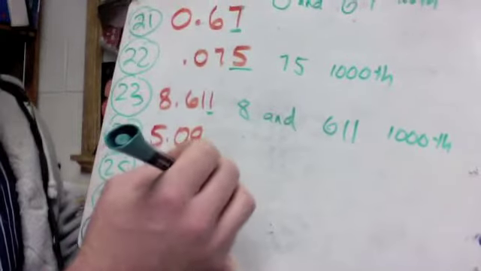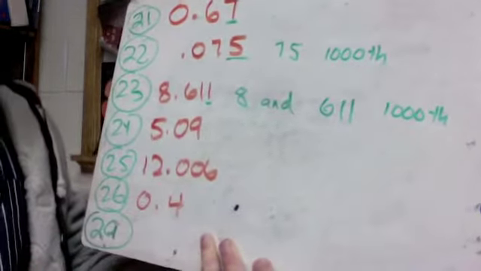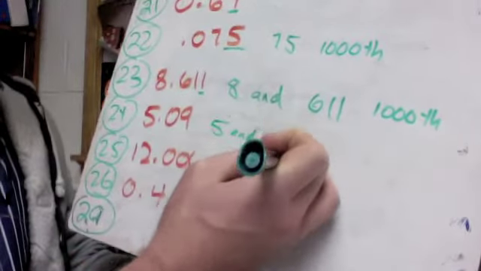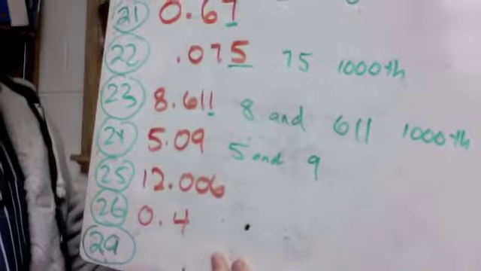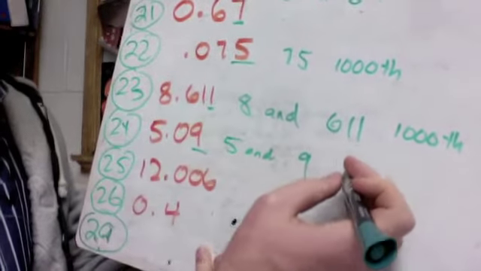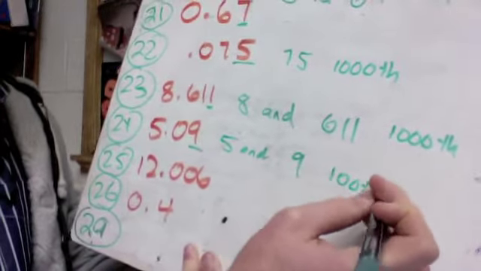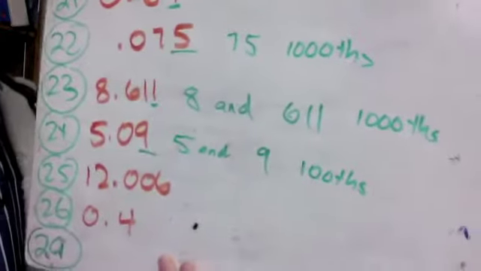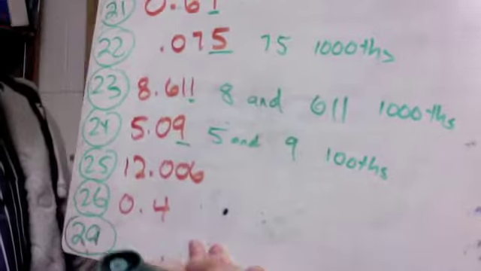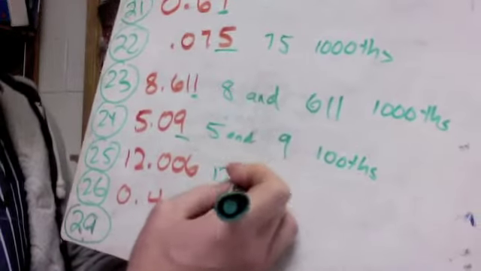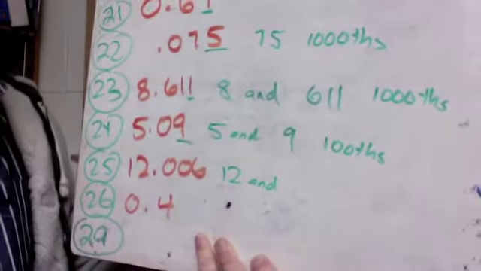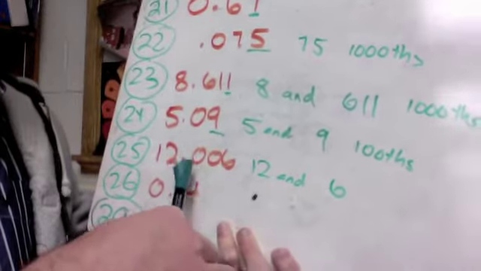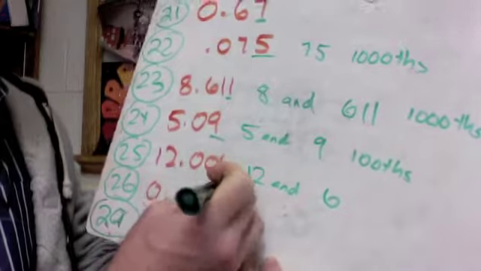thousandths. Okay. 24. We've got 5 and 9 somethings. 5 and 9, whatever that is, and it's 5 and 9 hundredths. So I should be putting an S after these. There we go. This one, 25. We've got 12 and looks like we're going to have 6 of something, and it's going to be tenths, hundredths, thousandths.